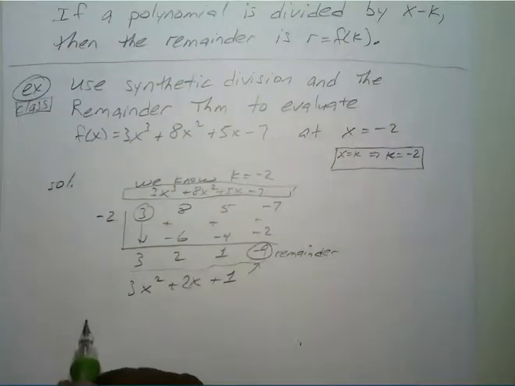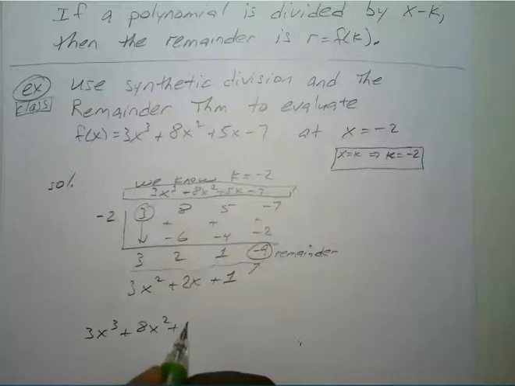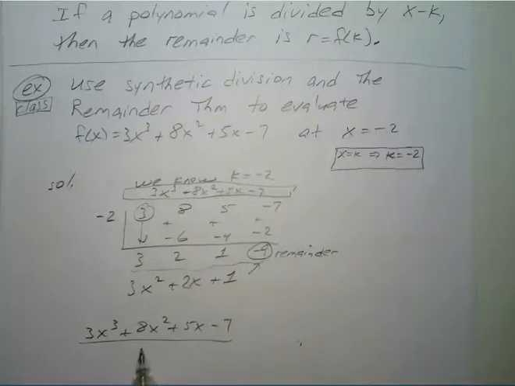Okay, so this tells us that 3x to the third plus 8x squared plus 5x minus 7 divided by x minus negative 2.